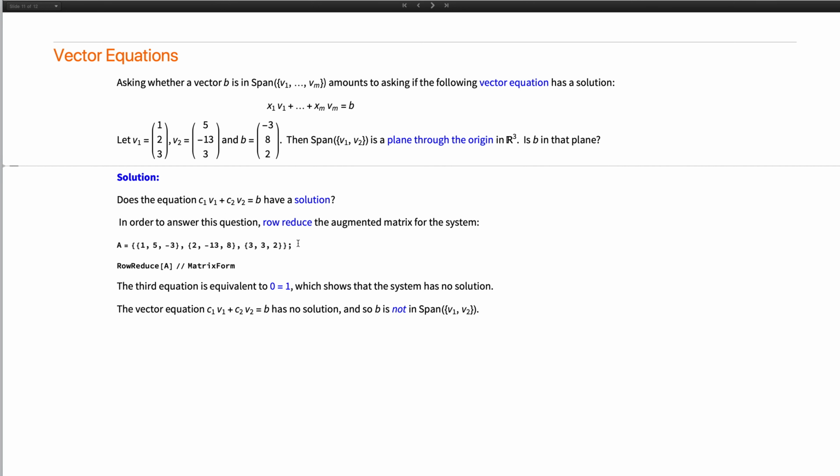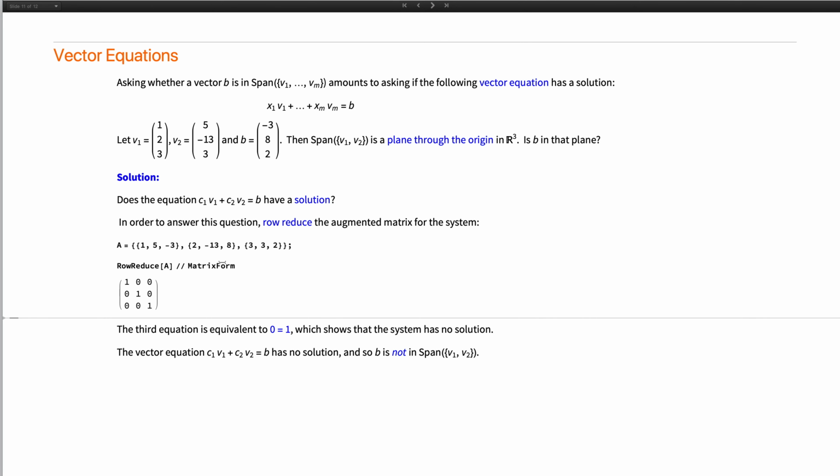To do that, you set up the augmented matrix for the system. So you've got 1, 5, negative 3 over here, 2, negative 13, 8 over there, and 3, 3, 2 over there. Then you row reduce, and you see that the last row is 0 equals 1. That's no good.